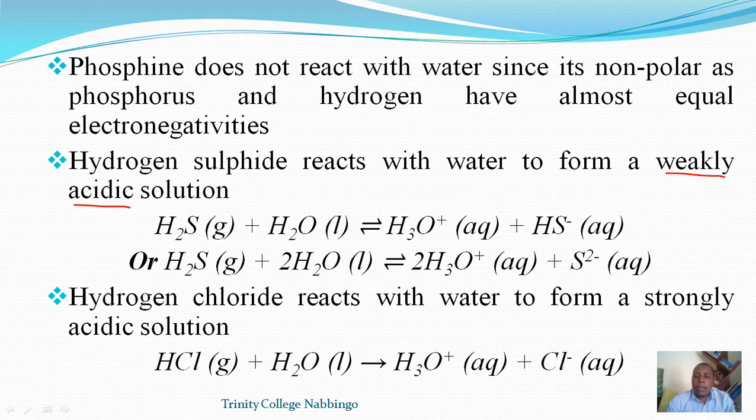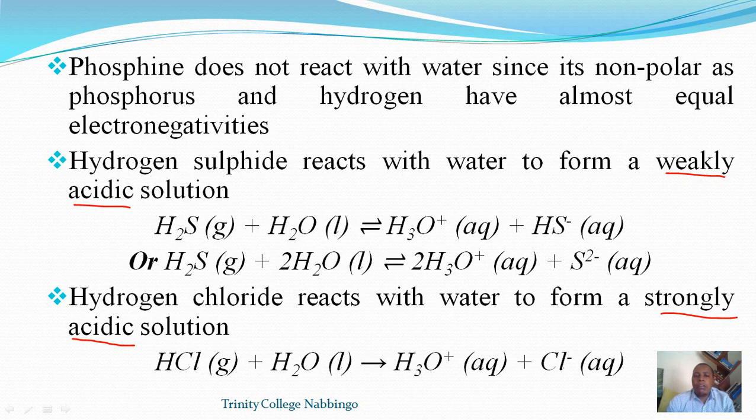So that's why we are saying that the solution is strongly acidic. So I want us to notice one trend in the reactivity of these hydrides of period 3 elements with water. We notice that sodium hydride, magnesium hydride, and aluminium hydride form alkaline solutions when they react with water.